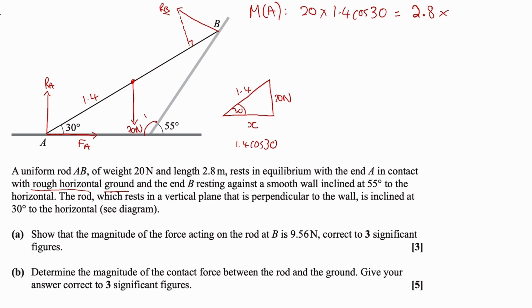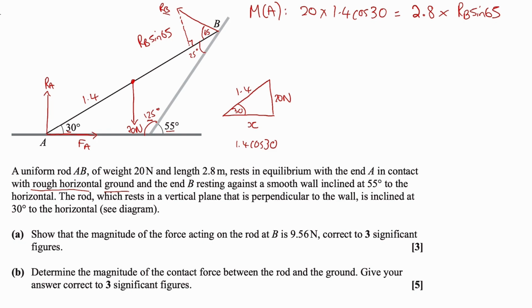This angle here is 125 degrees because it makes a straight line with this one. That means 30 and 125 makes 155, so what's left is 25 degrees. That then means this angle here is 65, because the whole thing is a right angle and 90 take 25 is 65, which means the component we are looking for is RB sine 65, like so.